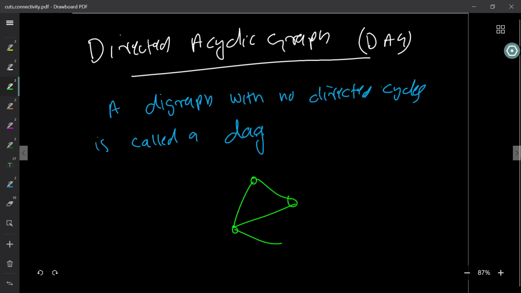So you can always find some orientation where the graph becomes directed acyclic. Can you prove that every graph has an orientation which results in a directed acyclic graph? Some orientation. This will be a nice question to think about.